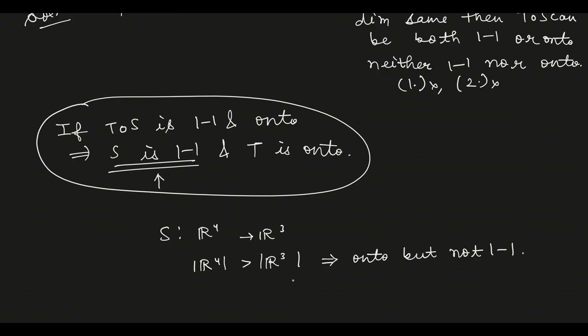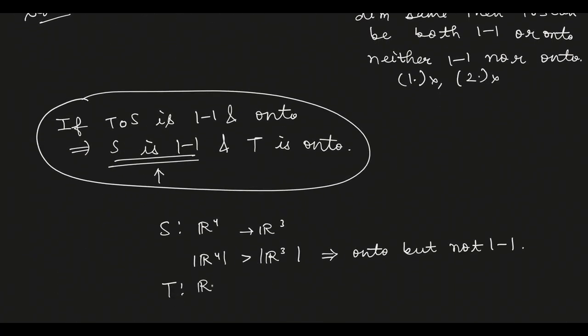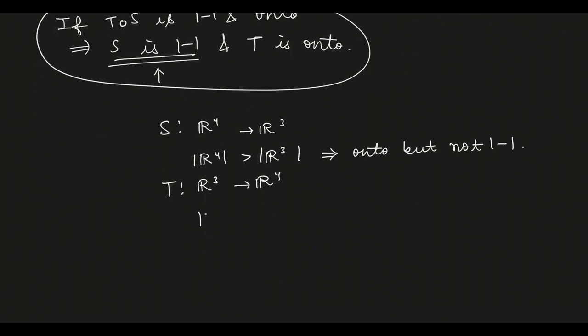And T is a mapping from R3 to R4, and the cardinality of R3 is less than the cardinality of R4. So this can be 1 1 but not onto, no?